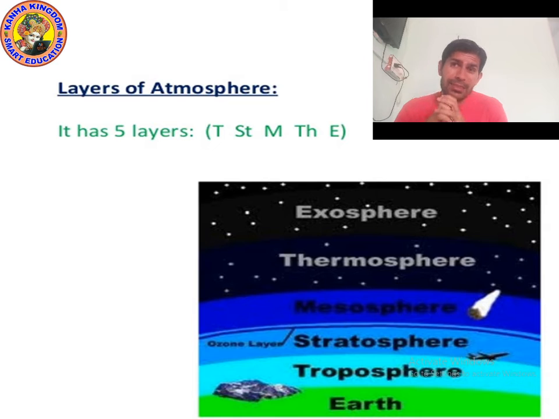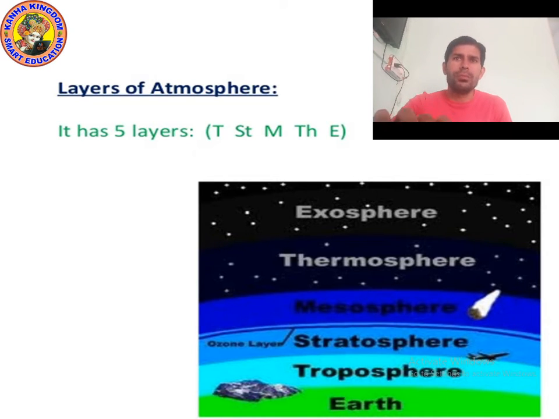Thermosphere is that layer which is very hot, where the satellite moves. Then exosphere. So I hope you understood. There are five layers: troposphere, stratosphere, mesosphere, thermosphere, exosphere. TST, okay.